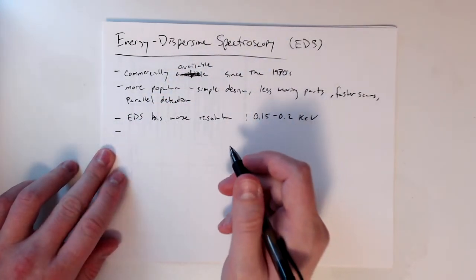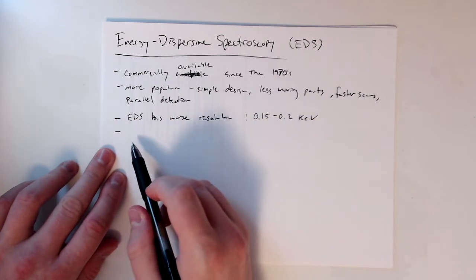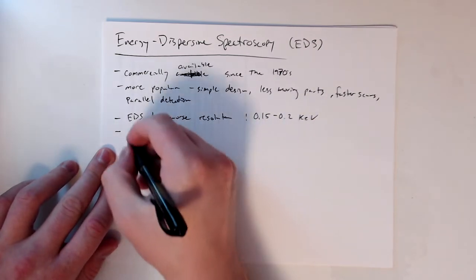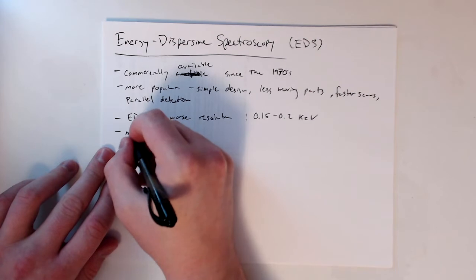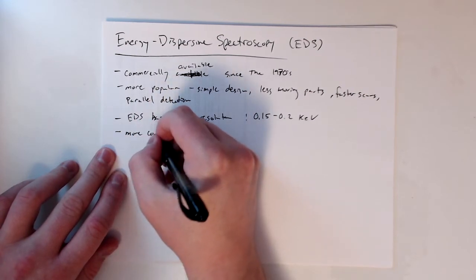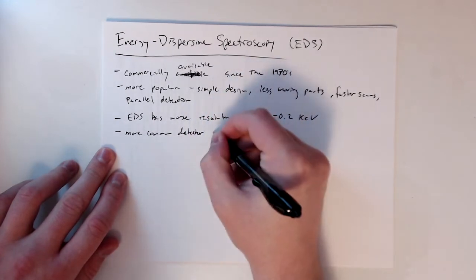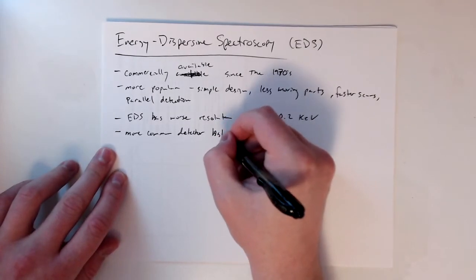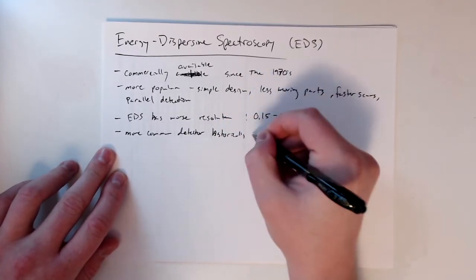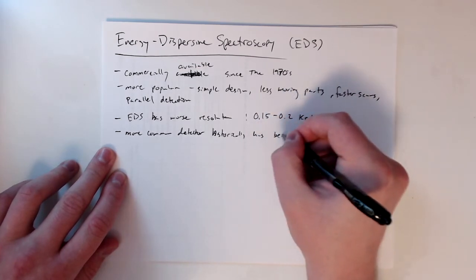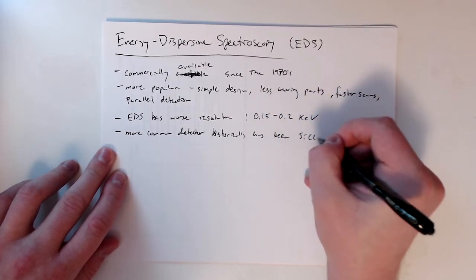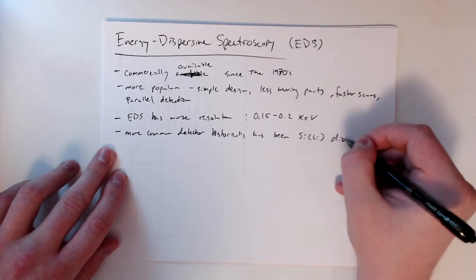When we talk about EDS, traditionally the more common detector historically has been this silicon lithium diode.